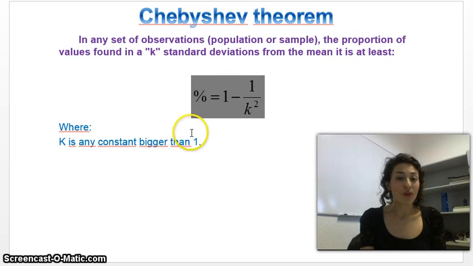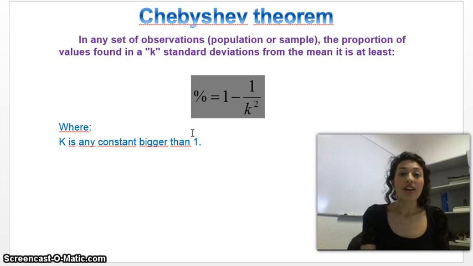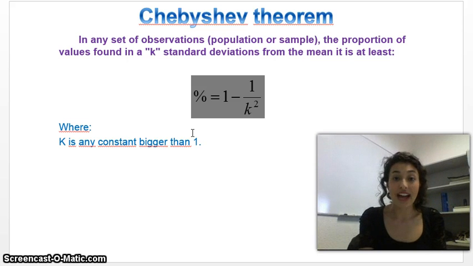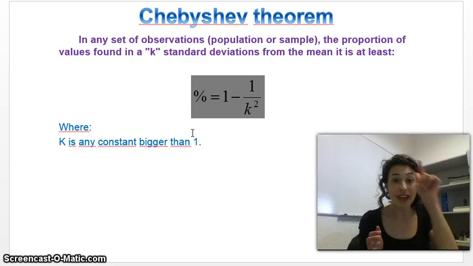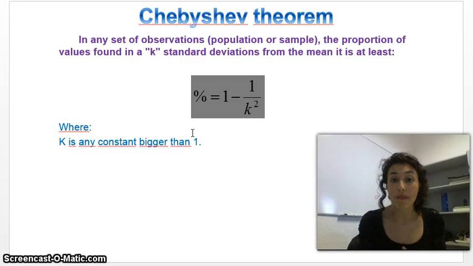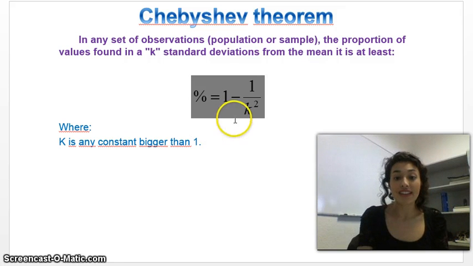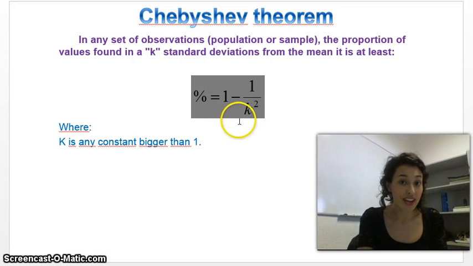So returning to the formula, what is the meaning of this percent? This percent means the probability you have of finding a certain random variable inside this space, inside this curve. In this case, k means the number of deviations.